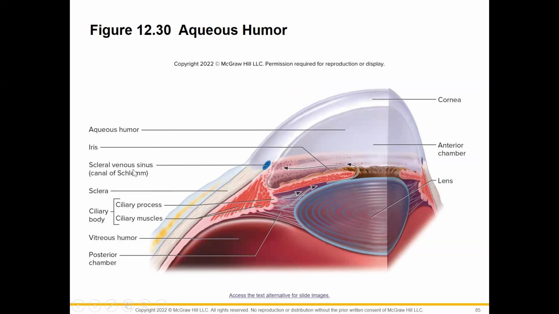You'll see that the fluid is produced and it'll fill the anterior and posterior chambers and eventually go into this sclerovenous sinus in order to be recirculated. The sclerovenous sinus is also called the canal of Schlemm.